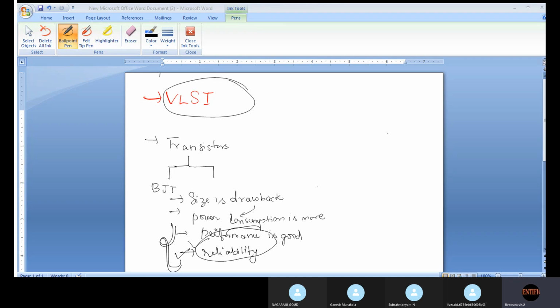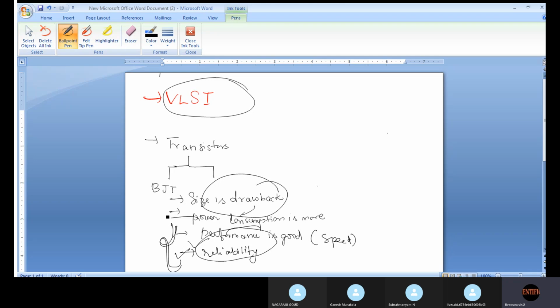If we talk about reliability and performance, the main factors are reliability and performance; speed comes under performance only. If the speed is more, we can say it is giving good performance. Though it has these two advantages, the main drawback is size.